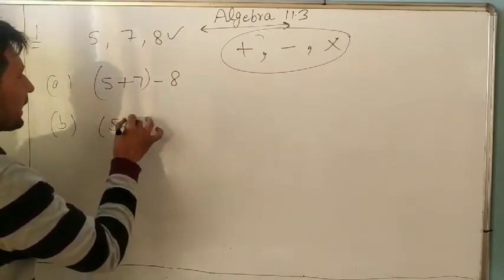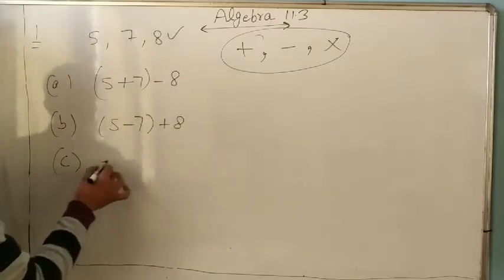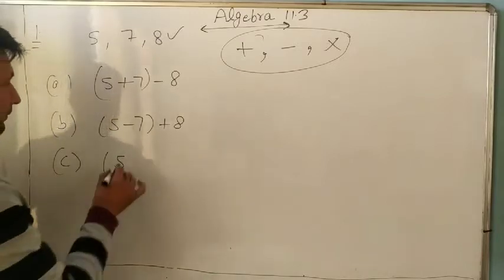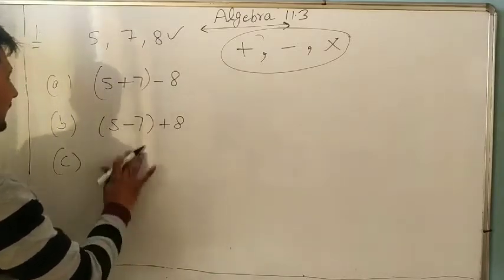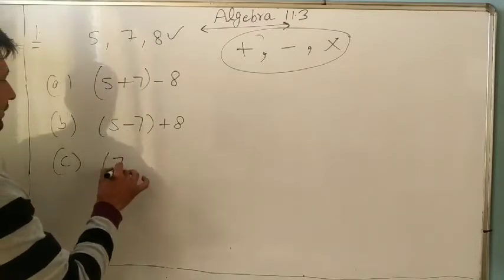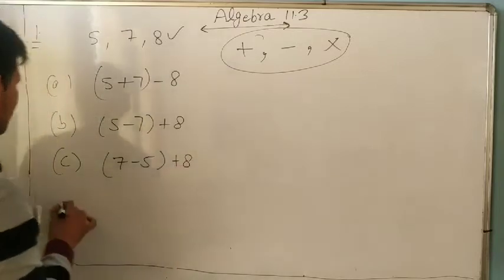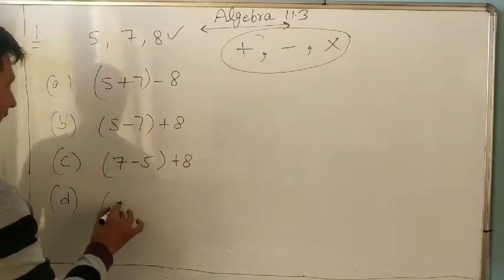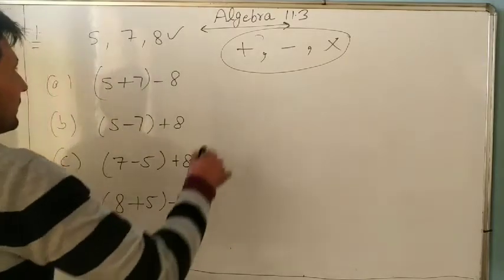Now you can use negative here and positive here. Next you can write 7 minus 5 plus 8. Next you can write 8 plus 5 minus 7.